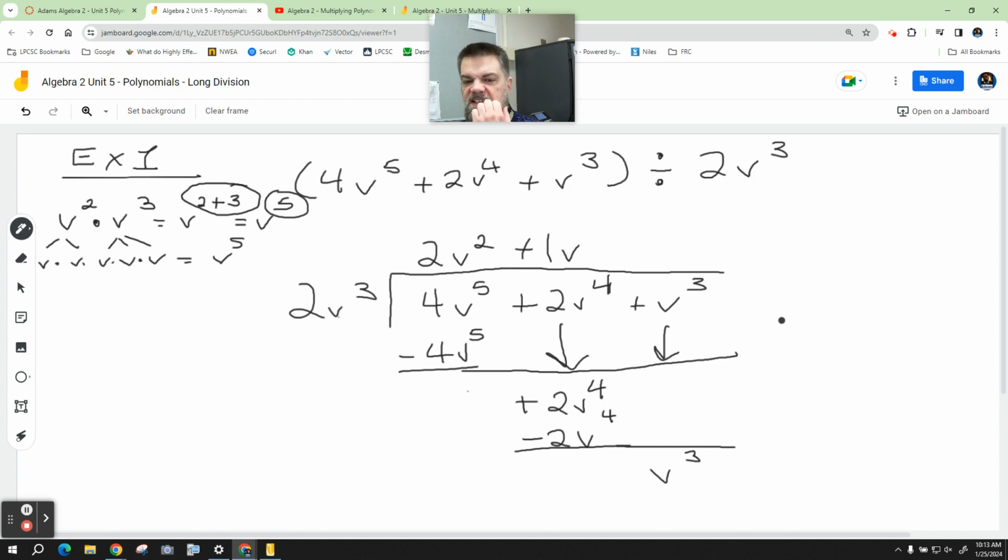Well, here's an interesting thing. What do I multiply 2 by to get v? Well, this is really 1v, right? 1v. What do I multiply 2 by to get 1? 0.5. That would be 0.5.